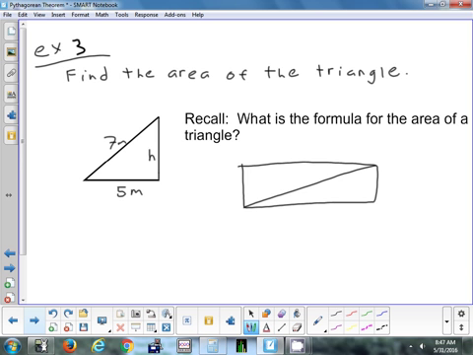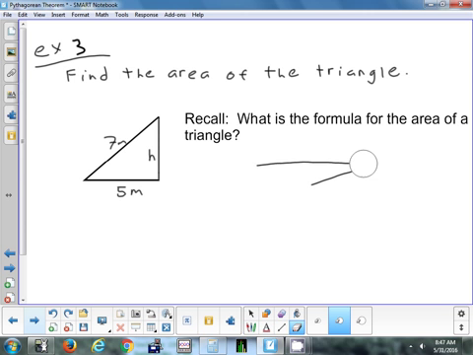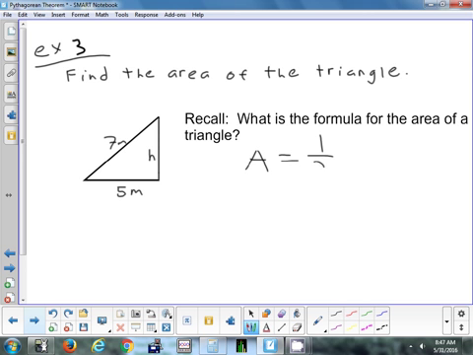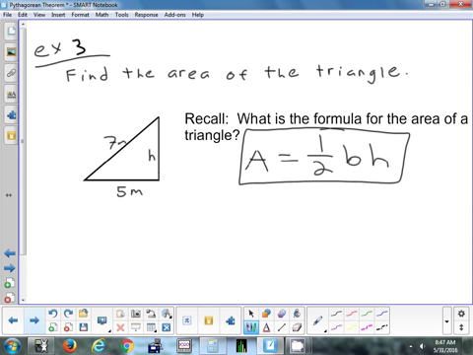Area, it's 1/2 base times height. Okay, so if you didn't know that, make sure on that box where it says area equals, put in 1/2 base times height.